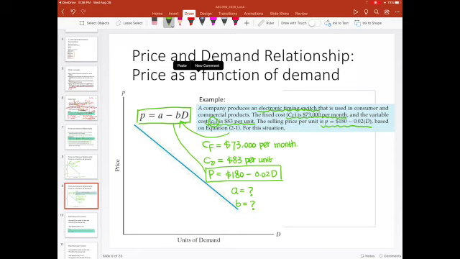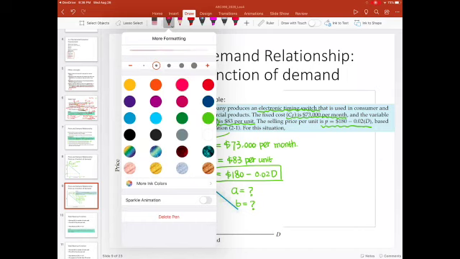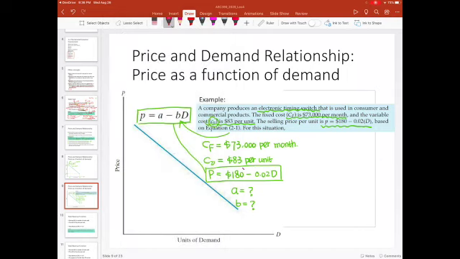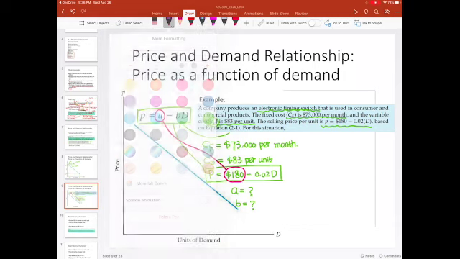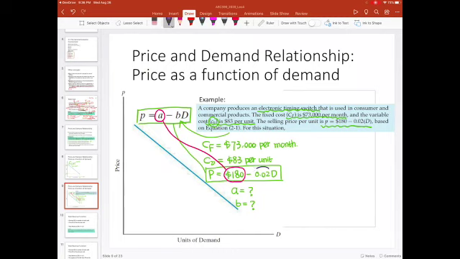So it seems like this 180 is A, and this 0.02 is B. Do you think so?